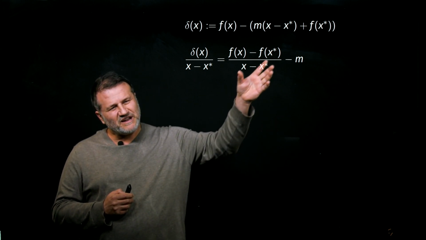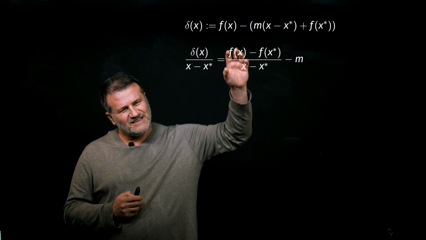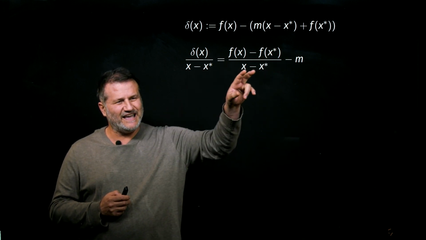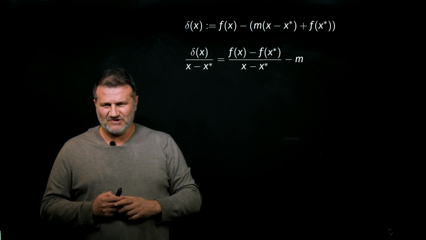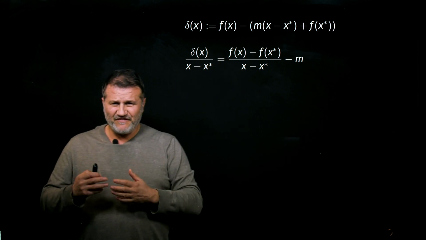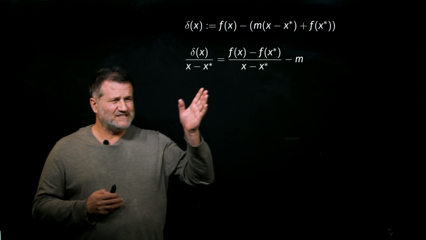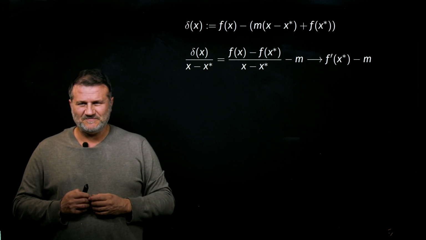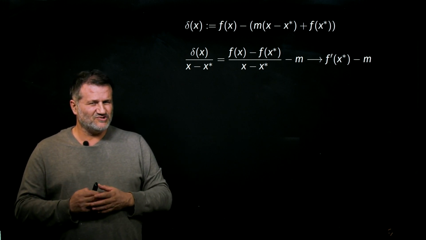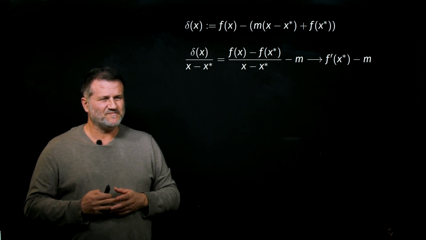Now here you should recognize the incremental ratio. In fact, if you call h this increment, here you have exactly x star plus h. Therefore, if the function f is differentiable and we send x to x star, this goes to f prime of x star minus m.